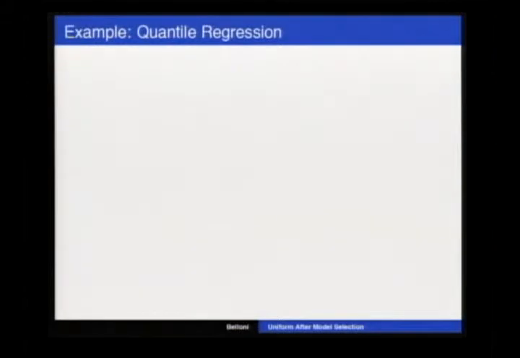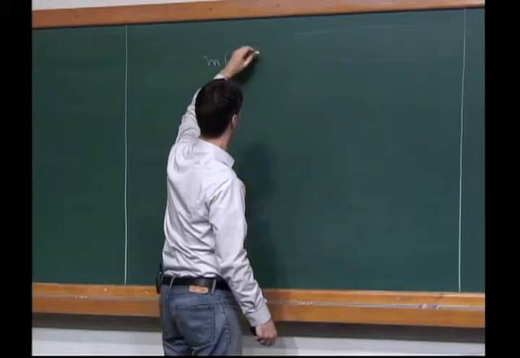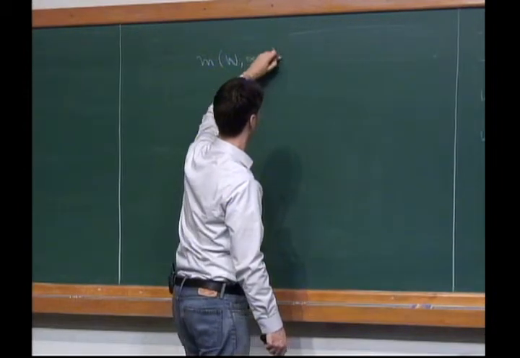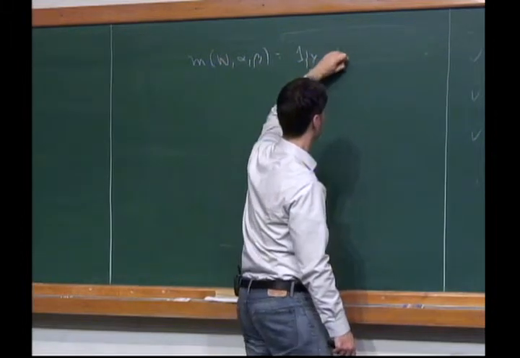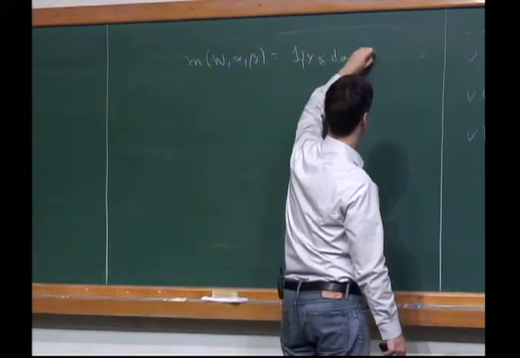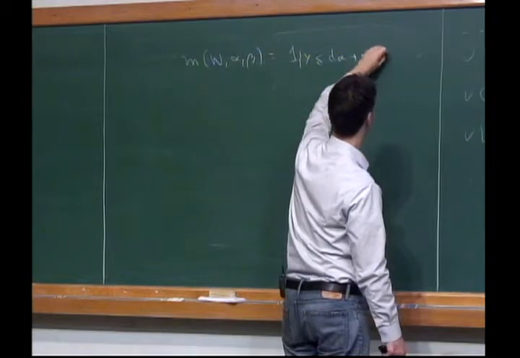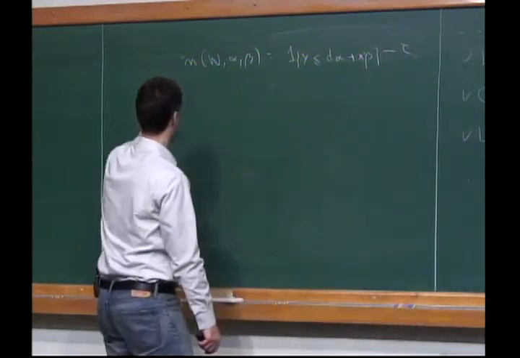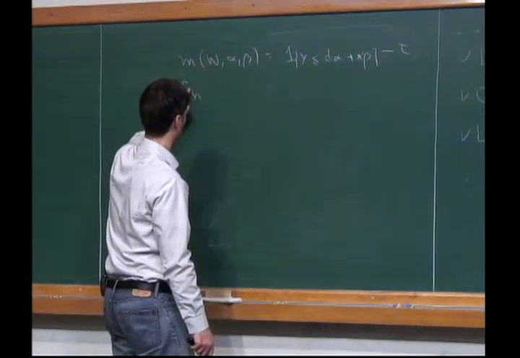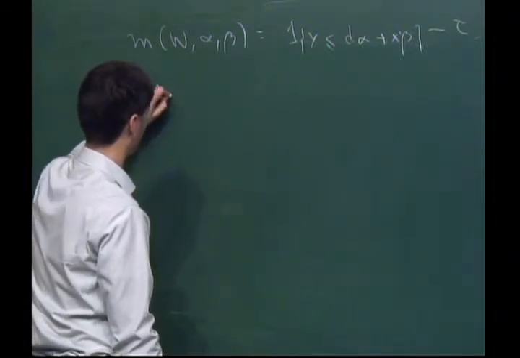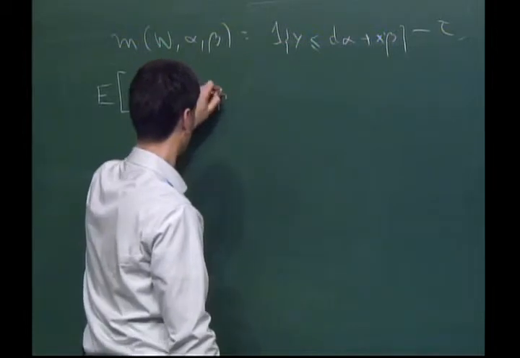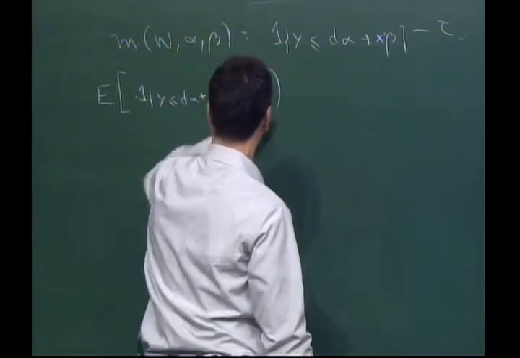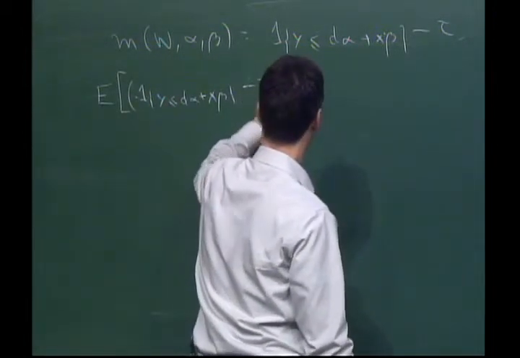Our moment equation was the expected value of the indicator of y less than or equal to d alpha plus x beta, minus tau, multiplied by z.